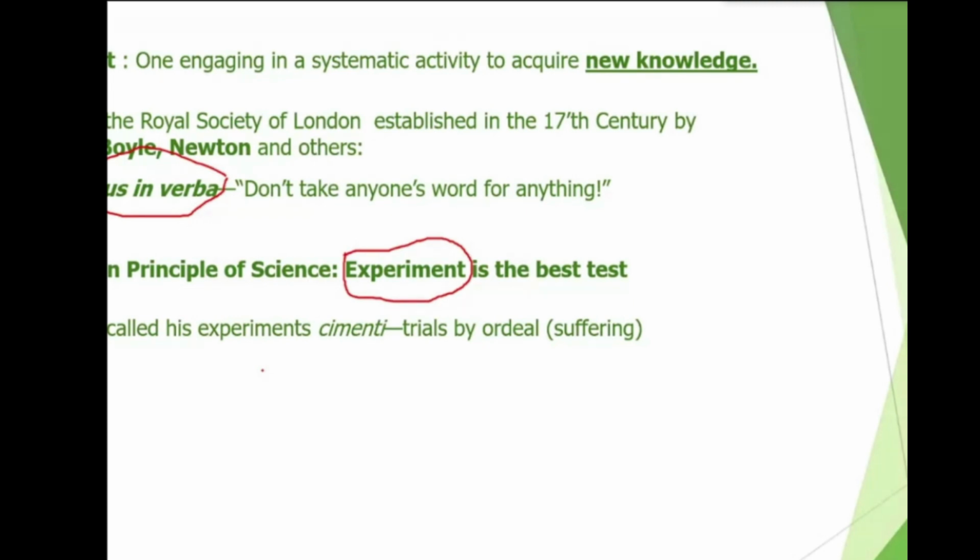So through various experiments, Galileo came up with an argument that the truth is Earth goes around the sun, and whether you believe it or not, that is true. And for that Galileo had to go through lots of suffering because he was speaking against the understanding of that time.